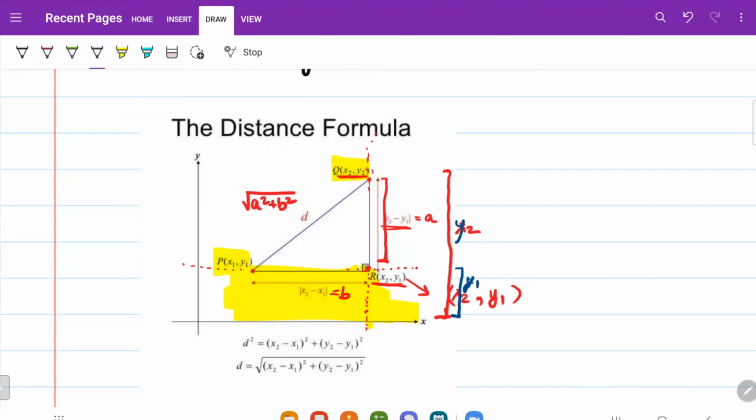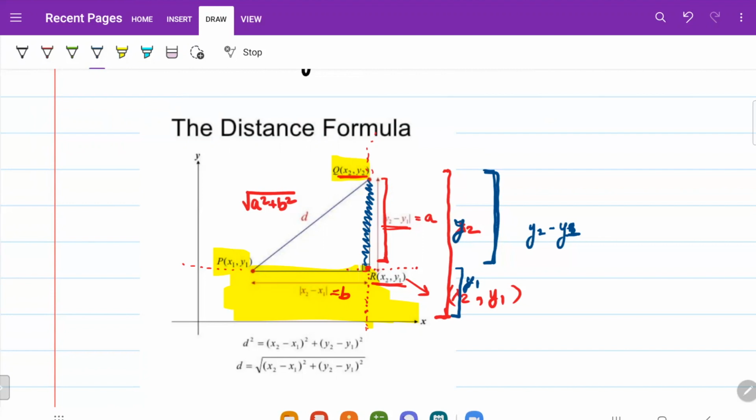Right, this one's y2. So y2 minus y1 would give you exactly this length. The length of this line would give you y2 minus y1.